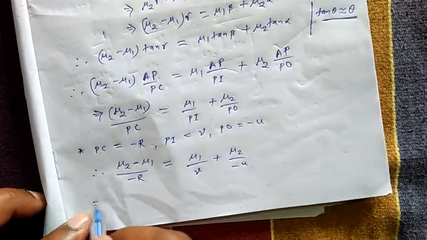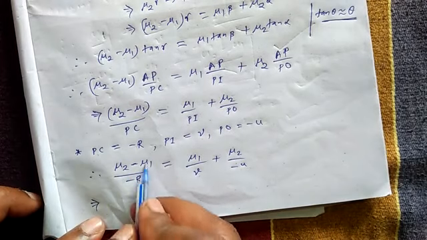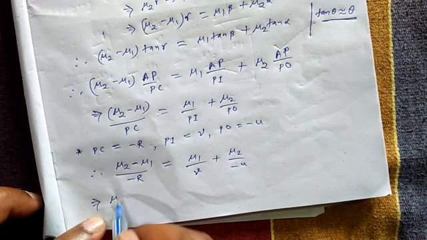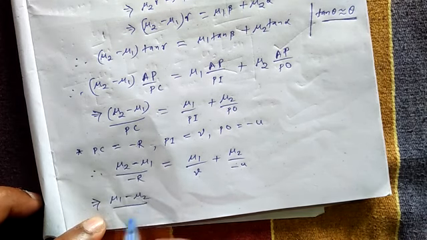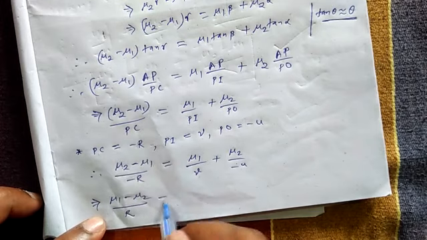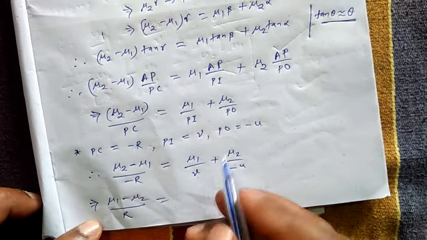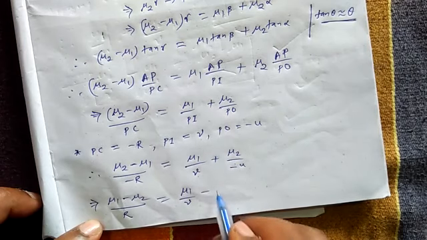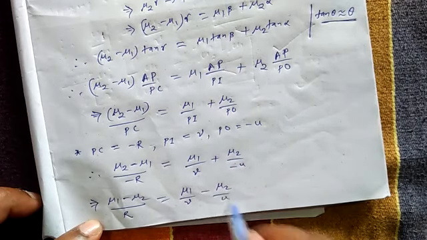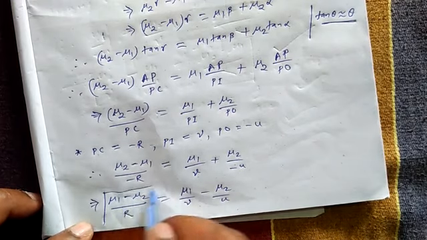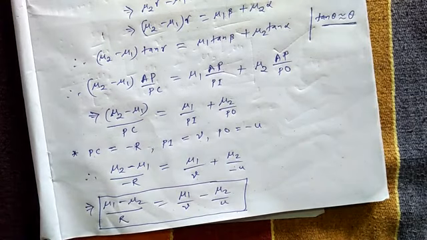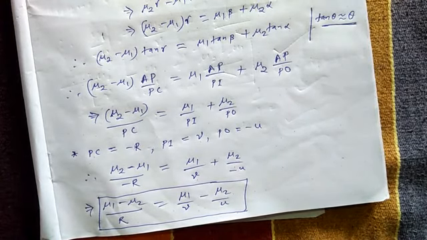Or we can write mu2 minus mu1 by minus R, this we can write mu1 minus mu2 by R. Mu1 minus mu2 divided by R is equal to mu1 by V minus mu2 by U. So this is the final equation for refraction from denser to rarer medium at a convex spherical surface.